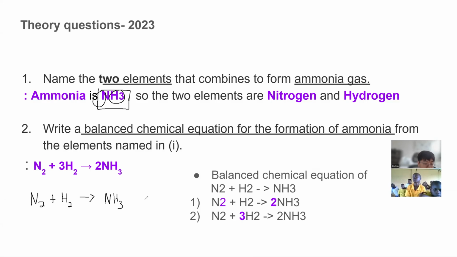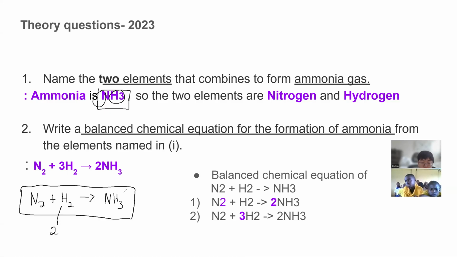But is this chemical equation balanced? Are there the same number of atoms on the left and the right? What do you think? Do you want to maybe check the numbers? How many hydrogens are on the left side? There are two hydrogens on the left.